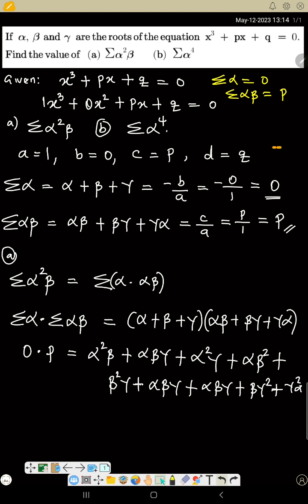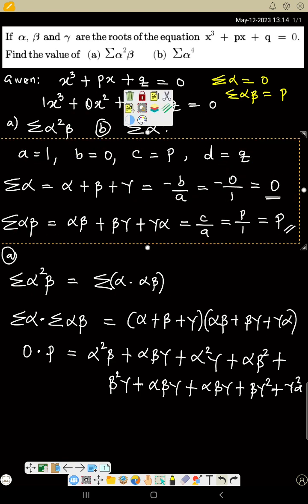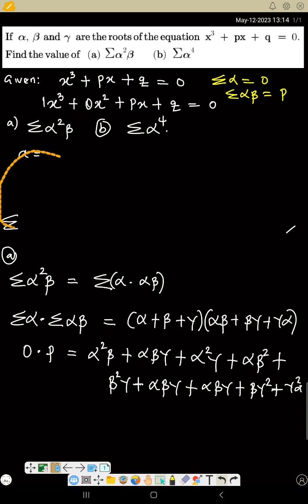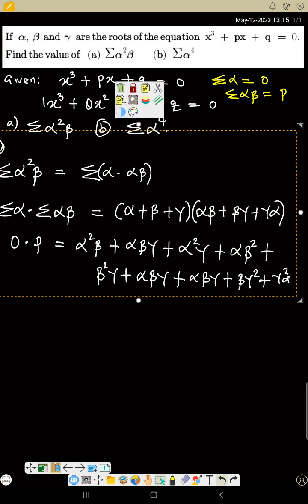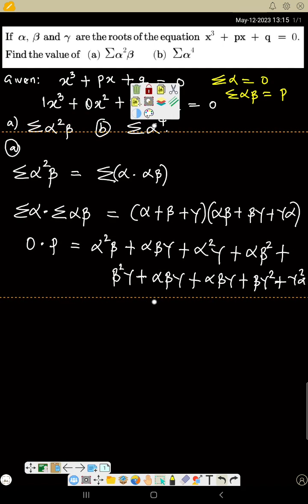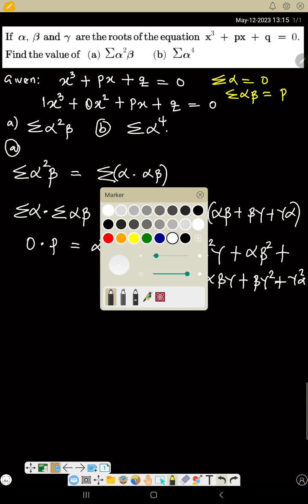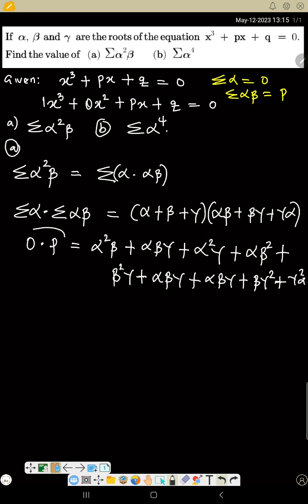So we have 0 times p, that is 0, equal to: how many alpha beta gamma do we have here? 1, 2, 3 alpha beta gamma.